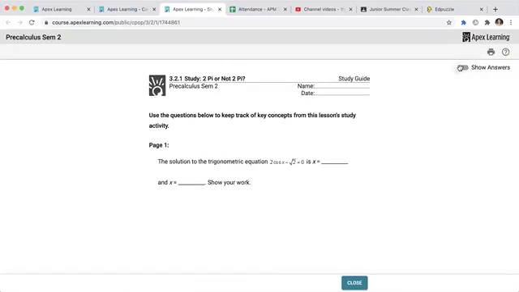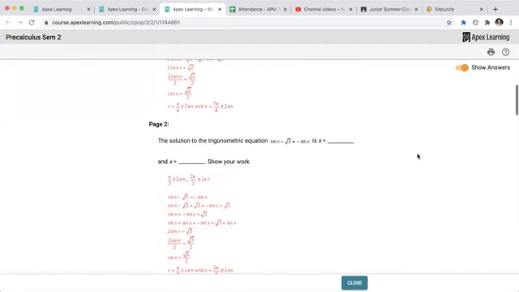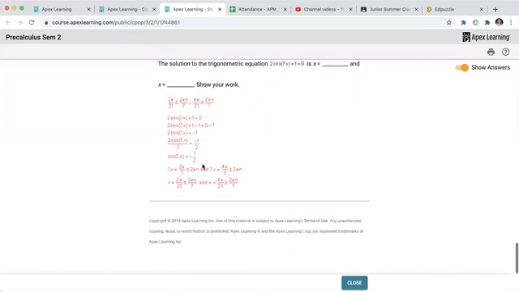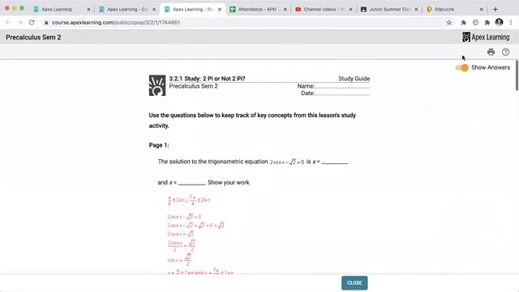Looking at our study guide here, a lot of this is based on the specifics of each problem.